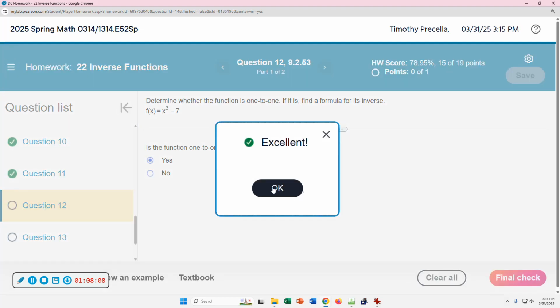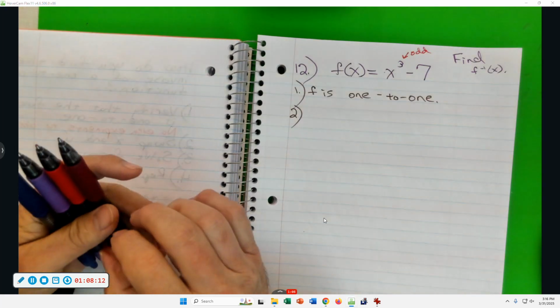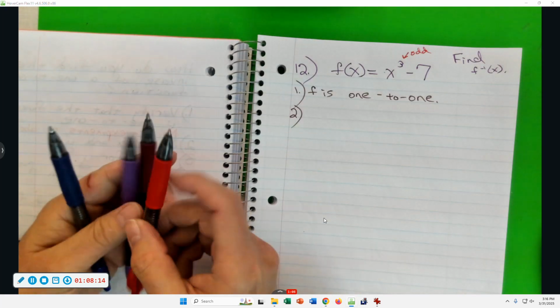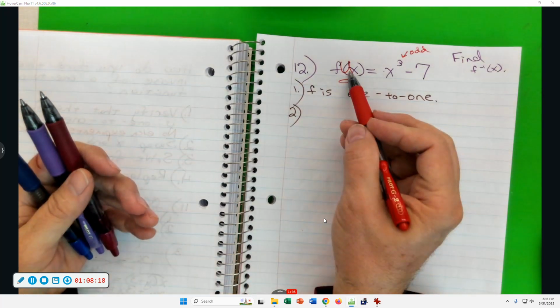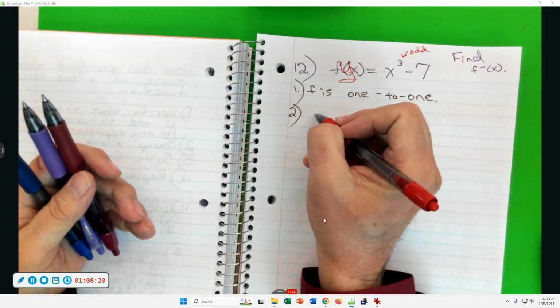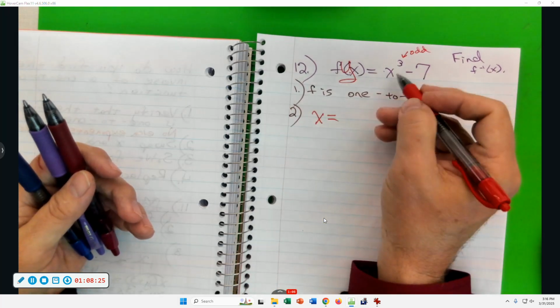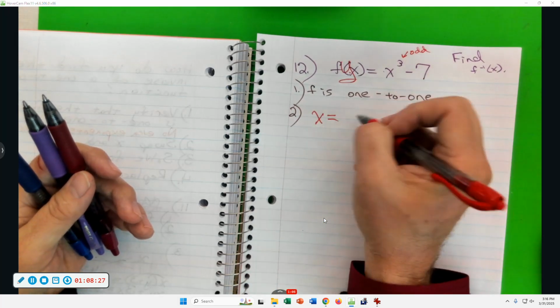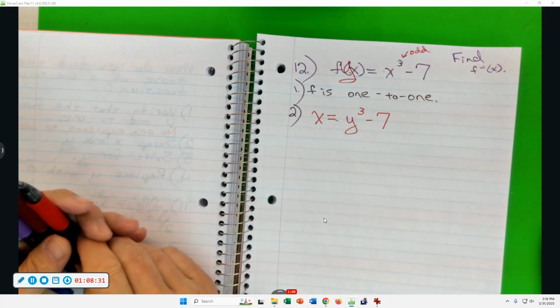Then the second step, we have to swap x and y. What's acting like y? f of x is acting like y, so y becomes x, and x becomes y. Step 2 is pretty easy.